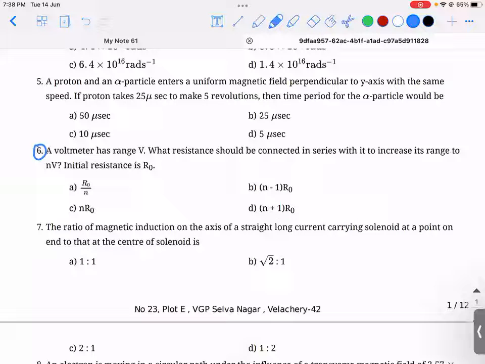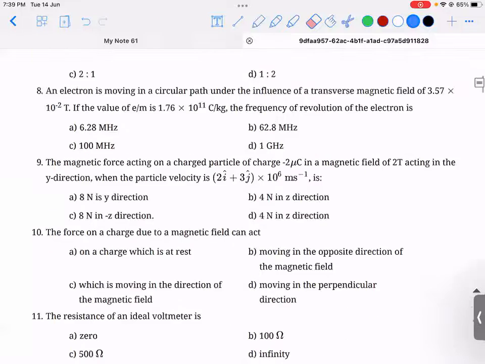So how to solve this? You have a voltmeter. I'll give you a simple problem, which is a direct application of formula.